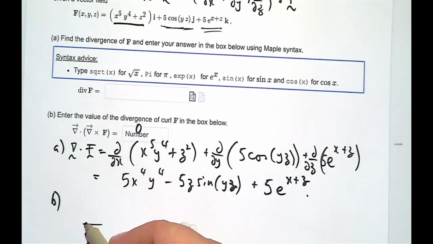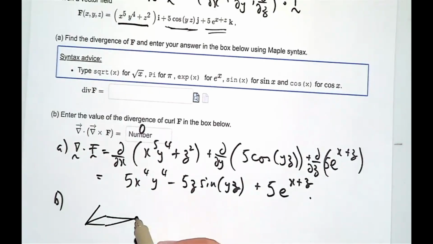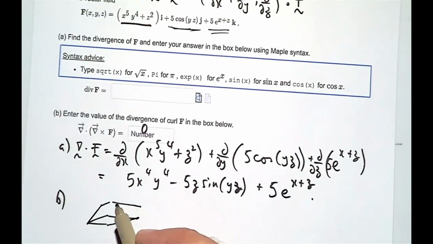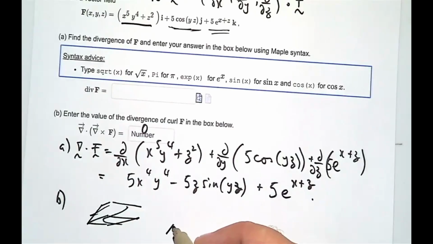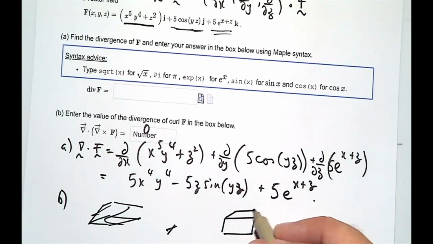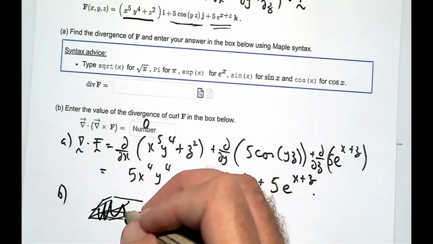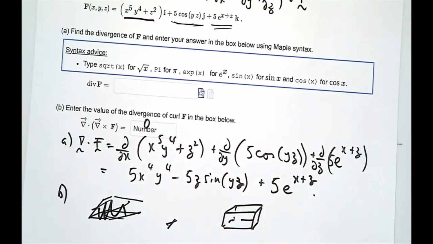remember, oh, it's terrible. Let me try that again, hang on. Yeah, that's better. Okay, you've got what's called a parallelepiped.